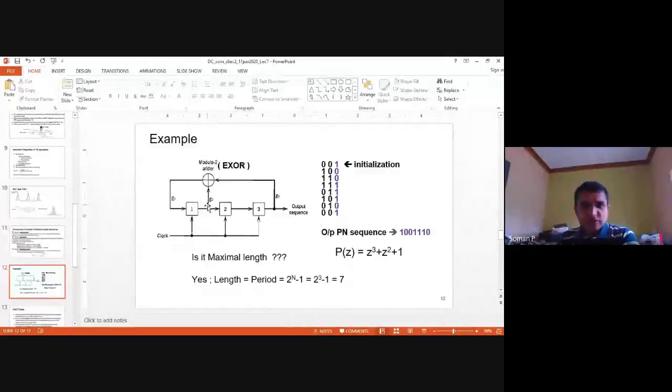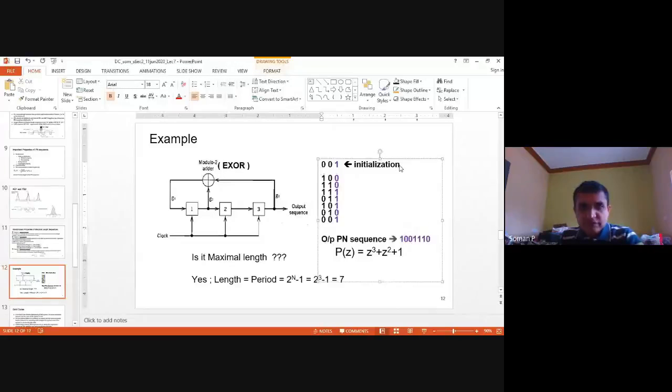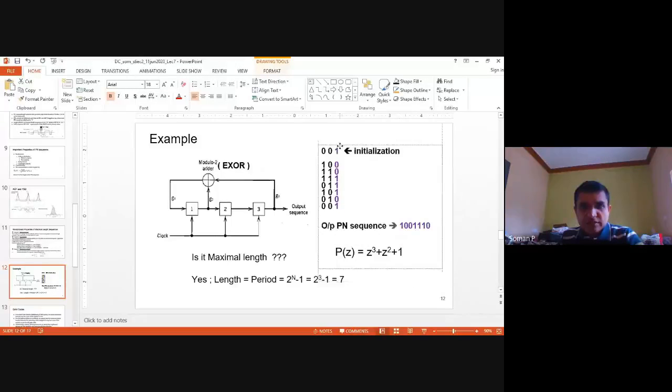So with the next clock, this became 1, and the previous value that was 0 here went here. So this 0 came here and this 0 came here. Just for you to get a feel, I'll show that here.